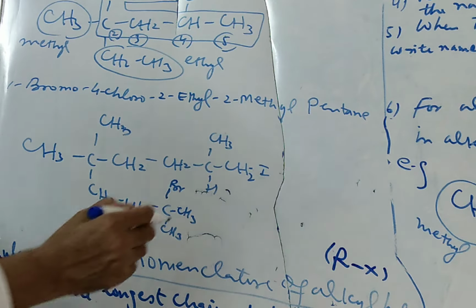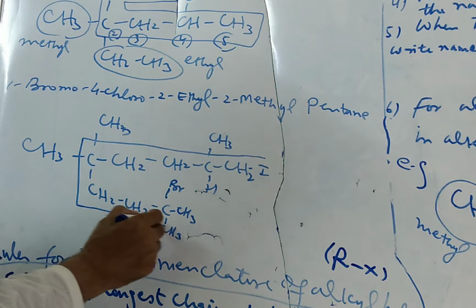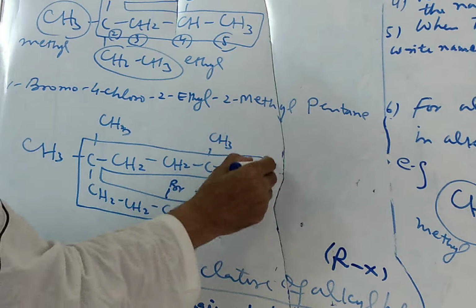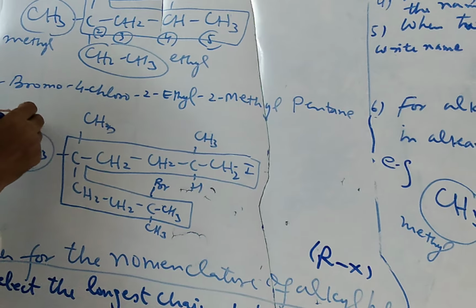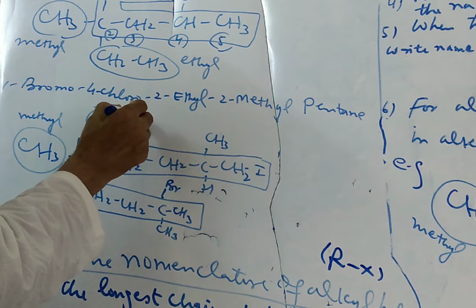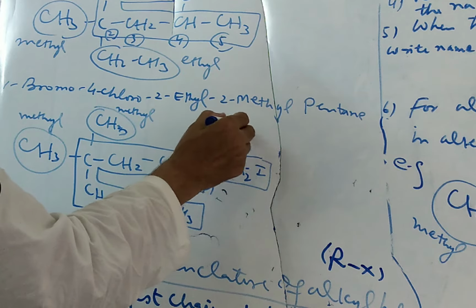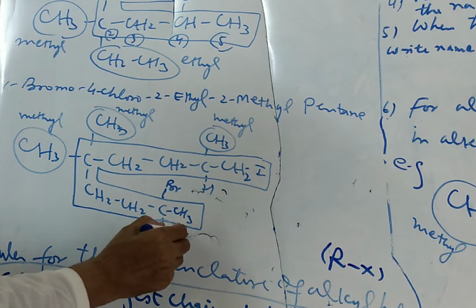So 9 is the longest chain. And both the halogen groups are attached. Now in this case, this is the methyl group. Again, this is the methyl group. And now this is the methyl group. This is the methyl group.